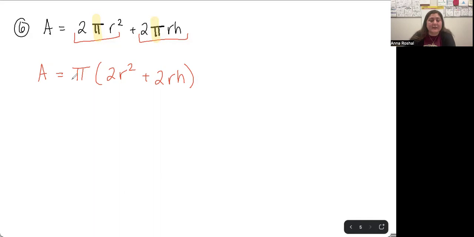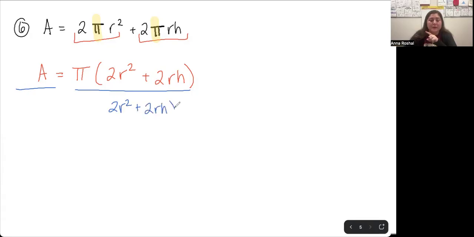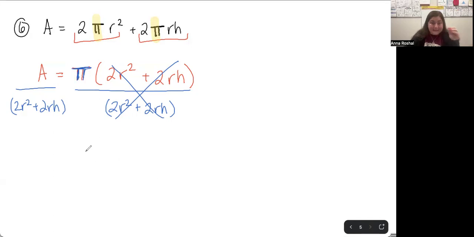Because I have pi on its own right now, what I can easily do is divide both sides by this 2r squared plus 2RH. When I do that, this goes away, and I'm only left with this pi that's here. And that's ideally what I want.